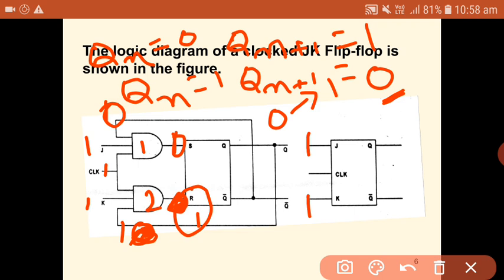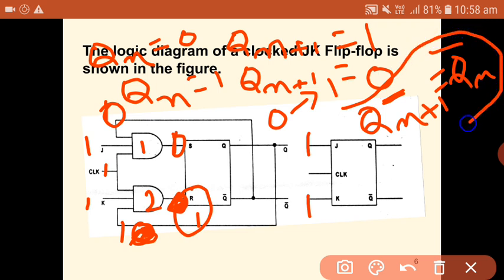That means you will be getting Qn+1 as the complement of its previous output. Are you understanding? So for J is equal to 1 and K is equal to 1 combination, the present output will be equal to the complement of the previous output. The present output will be equal to the complement of the previous output.